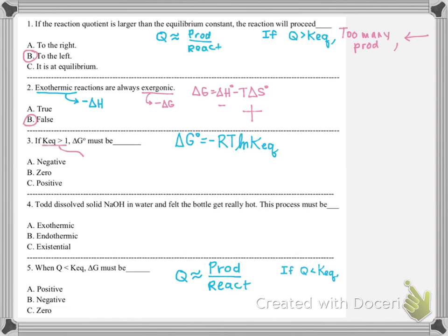Or you can think, KEQ greater than 1 is going to be products favored. And if products are favored, that tells me the forward direction must be favored, and our delta G standard then is going to be negative.